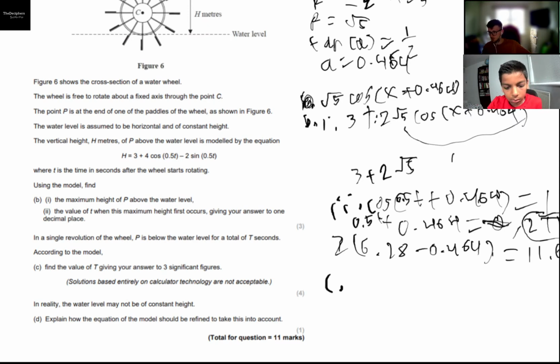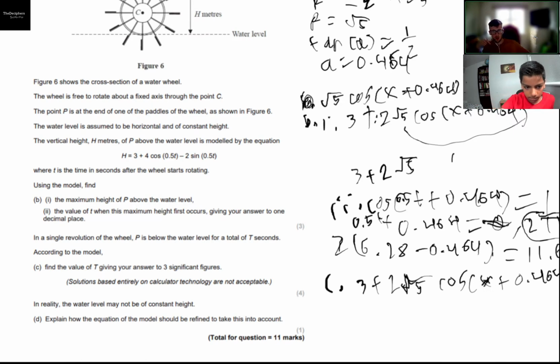So then 3 plus 2 root 5 cos of x plus 0.464. 0.5t, remember? Yeah.